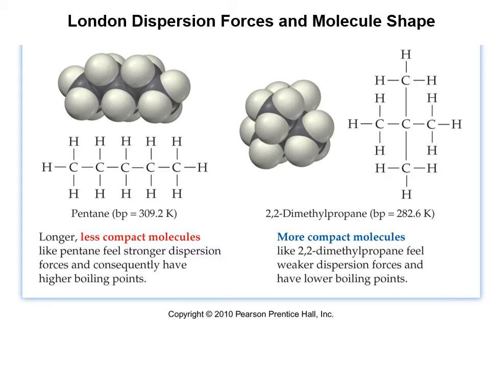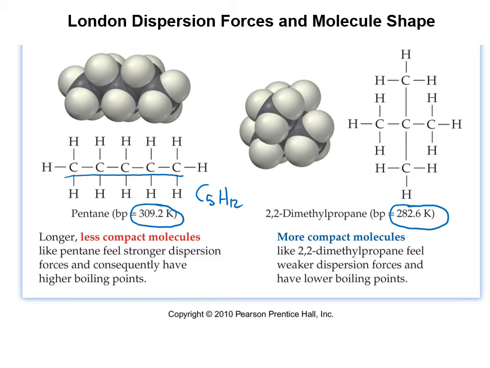Now, let's take a look at a subtlety with London dispersion forces. C5H12 is the formula for both of these molecules. However, one is a straight chain molecule and the other one has branches, but they're both C5H12. If we look, pentane has a boiling point of 309.2 K versus 2,2-dimethylpropane, 282.6.